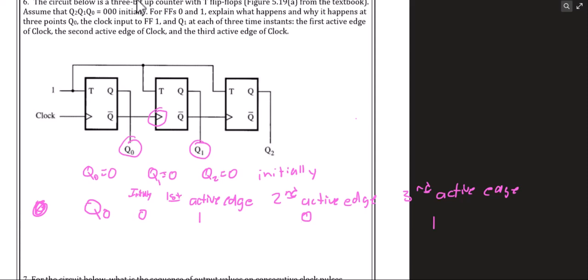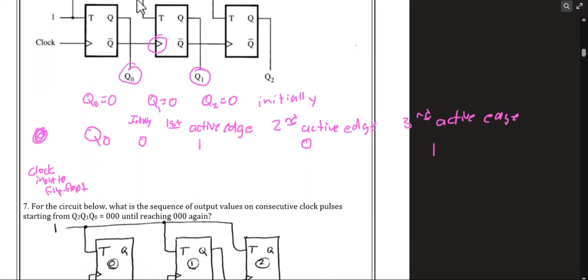Now let's look at the clock input to flip-flop 1. Well, to answer that, I want to look at what Q bar is doing. So Q bar is initially 1.